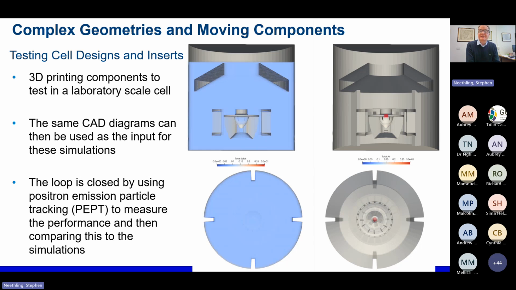And we can do the same simulations as the experiments that he is doing and start to, first of all, get validation for the modeling, but also start to get an understanding of why the cells are behaving as they are with different types of inserts in them. And ultimately, we also do PEPT experiments, which I'll get onto in a bit, to try to validate these behaviors and understand what is actually happening experimentally as well.